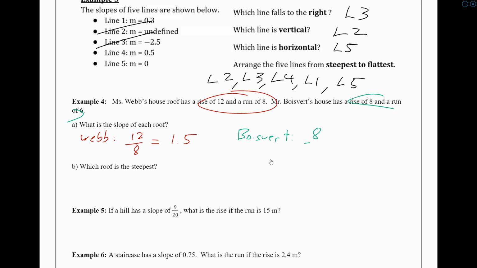That's 8 over 6, or 1.3. So now, which roof is the steepest? We're just asking which is the biggest number. Well, they're both 1. So we look at the next number. 5 is bigger than 3. So whose roof is steeper? Miss Webb has a steep roof.